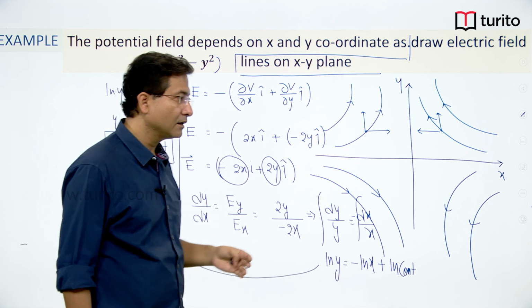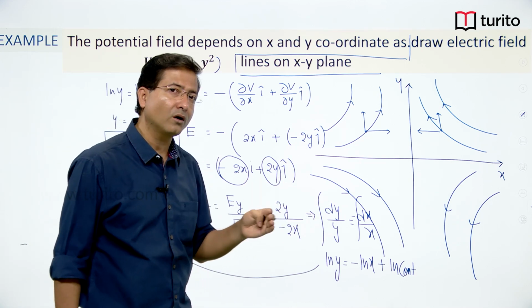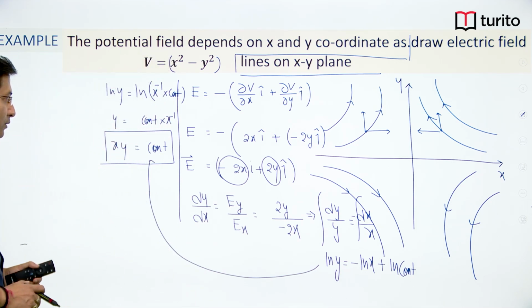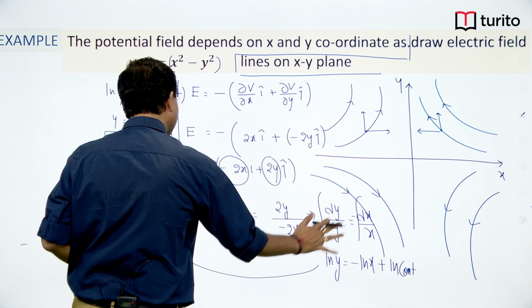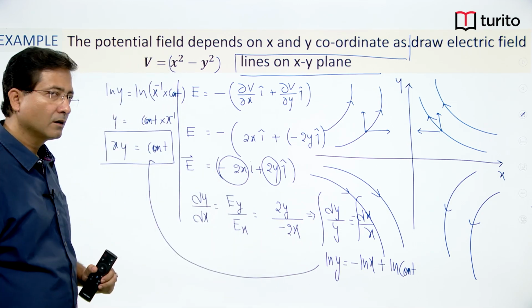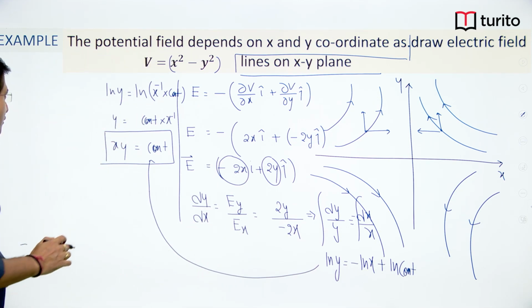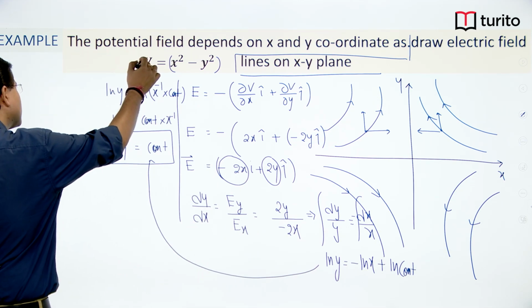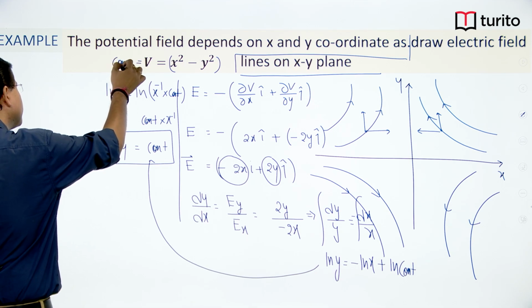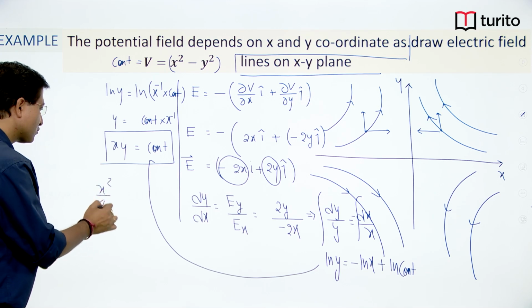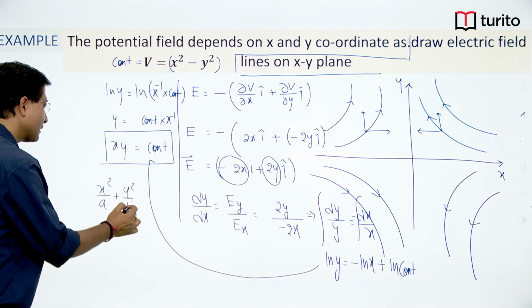electric field lines. If I ask you to plot equipotential lines, what do you need to do? This is the procedure to draw field lines in a space. How to draw equipotential lines? If I substitute here, look at this one, here is a constant: x square divided by a square plus y square divided by b square is equal to constant.